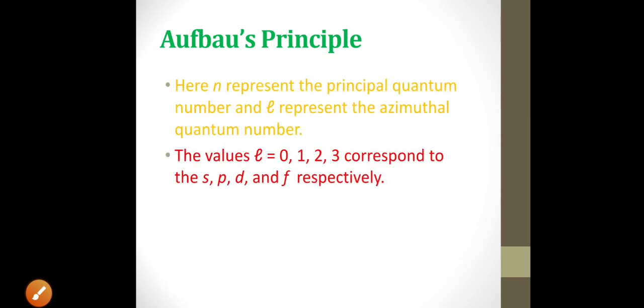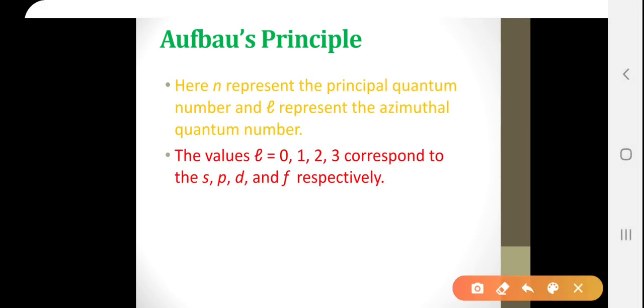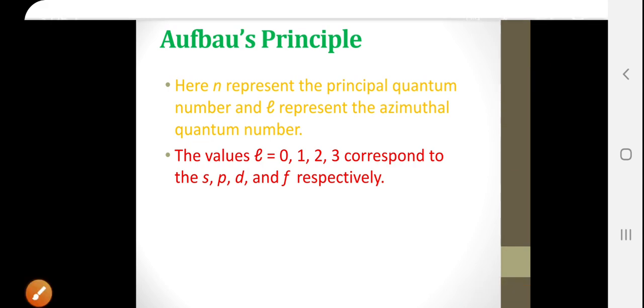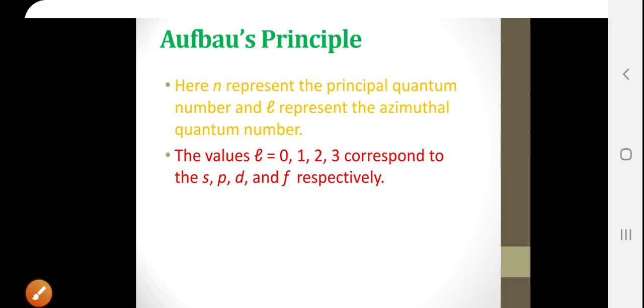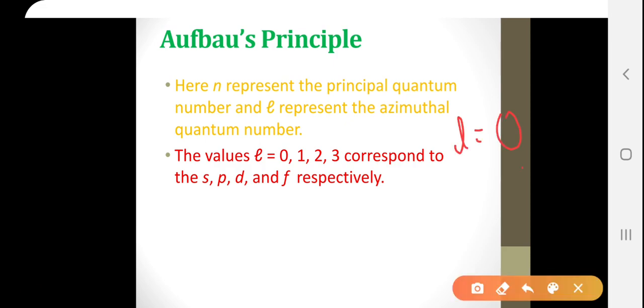n is the principal quantum number. If I say 1s, then n equals 1. If I say 2s, then n equals 2. Coming to l, the azimuthal quantum number: l equal to 0 belongs to s, 1 belongs to p, 2 belongs to d, and 3 belongs to f.